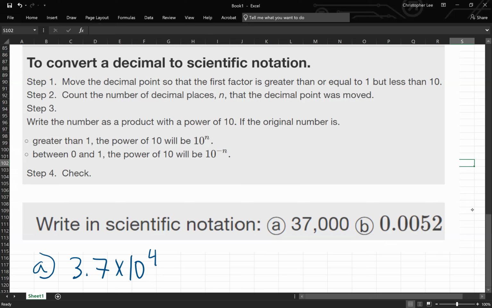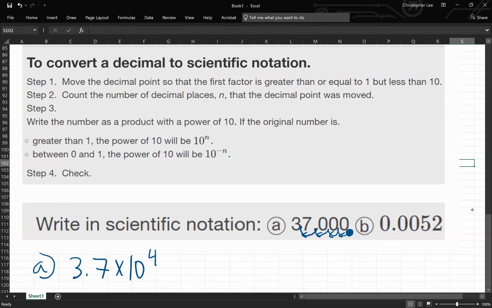Any questions on how we got that? So there's an imaginary decimal at the end, always, for all the whole numbers. And I just move it over till I get the first digit to be between 1 and 10. So 1, 2, 3. See, I can't stop right here because 37 is not between 1 and 10. So I go one more, 4, to the right. So this is 3.7 times 10 to the fourth.